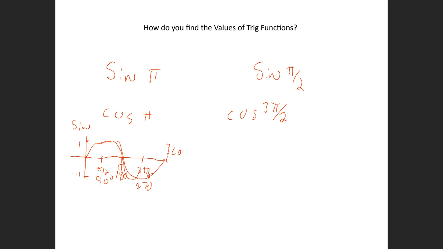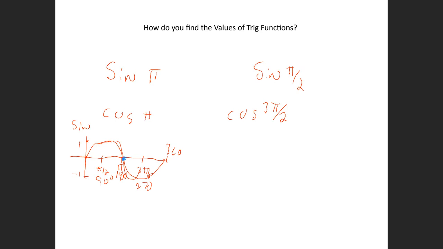So if you just knew what that graph looked like, tell me what the sine of pi is equal to. So if you take a look here, sine of pi is 1. I disagree with that. Sine of pi is 0 because it crosses right here at 0.